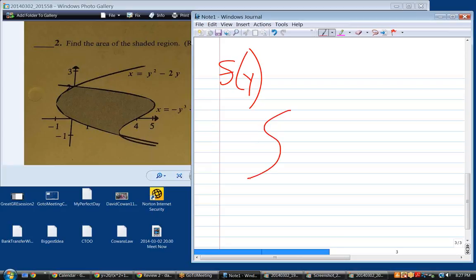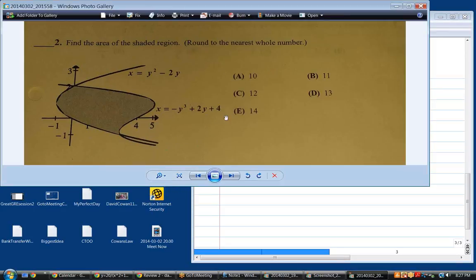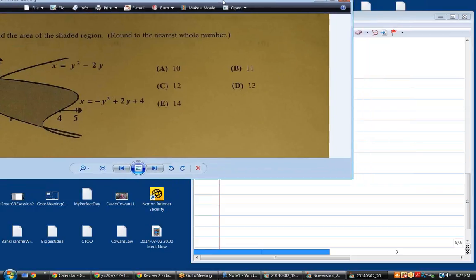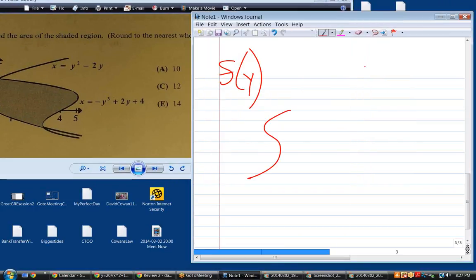So we're going to integrate. Looks like negative 1, 2. Well, we have to figure out where the intersection point is by setting these equal to one another and solving for y. Remember, we're integrating along the y-axis, so it's going to be a dy. So our limits of integration have to go from the y-coordinate to that y-coordinate.